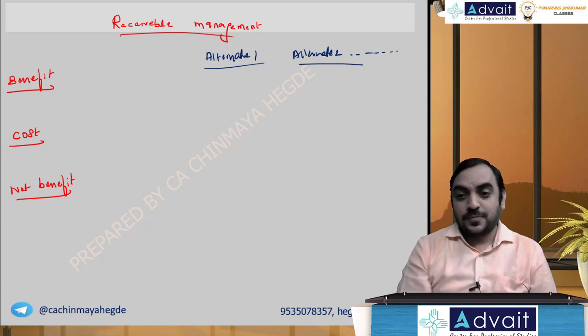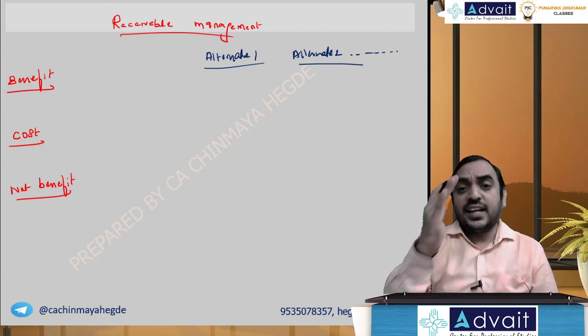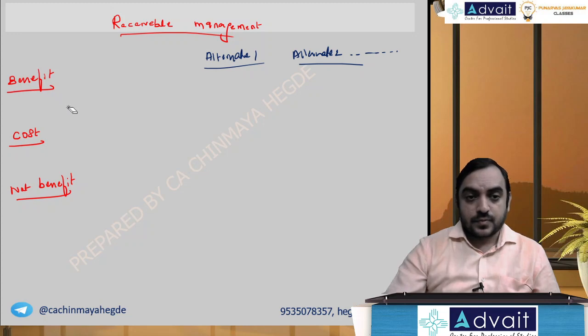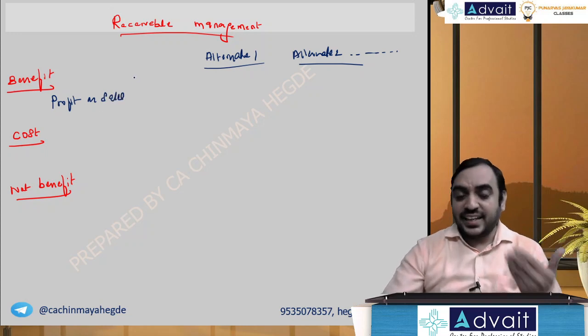Variable cost, right? So directly I can do a benefit, incremental profit, or I'll say profit on sales. How can I calculate directly?